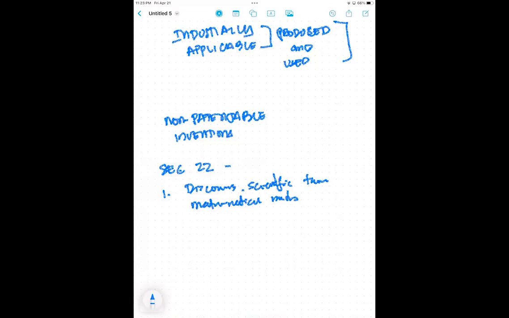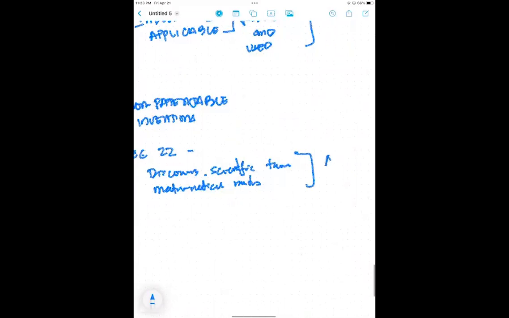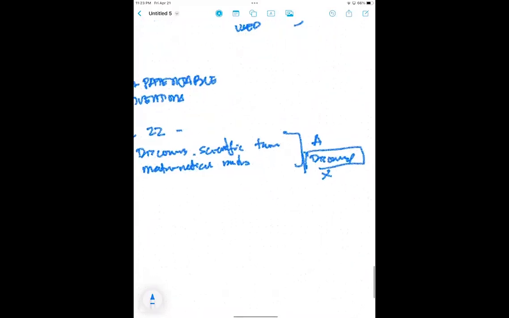Now, supposing that the question is, let's say for example, A discovered X. Please take note of the word used, discovered, and not invented. So X is an element that is new.